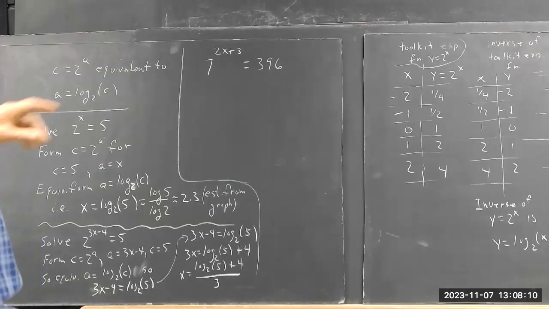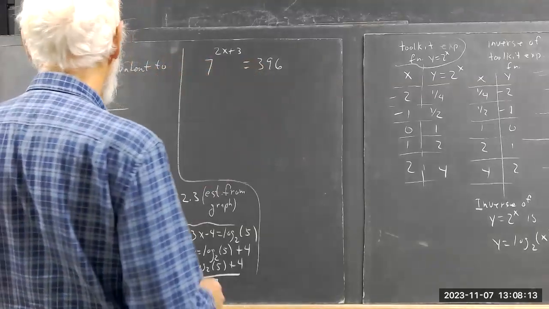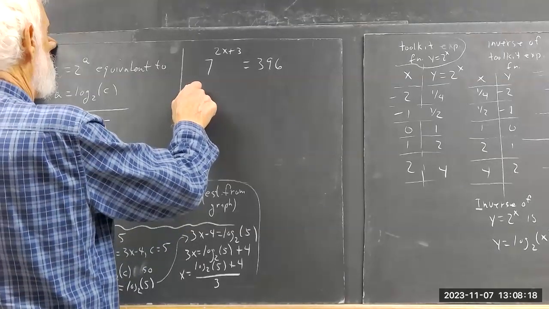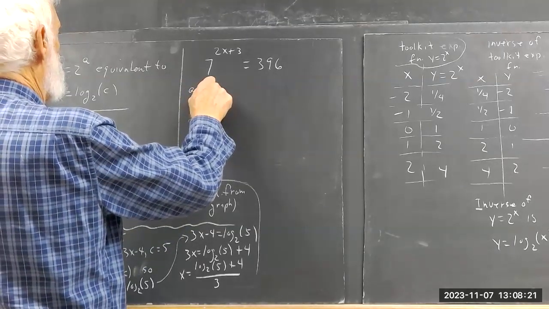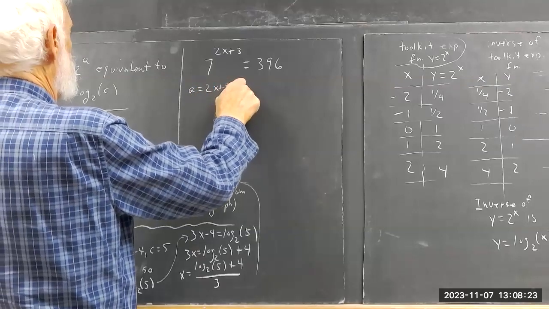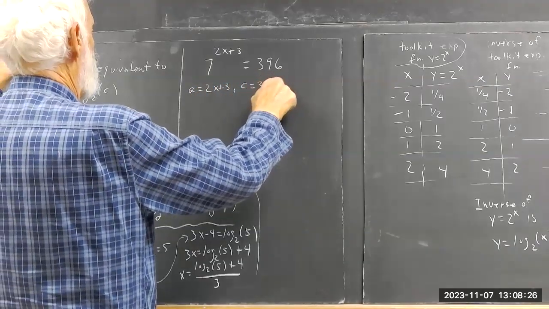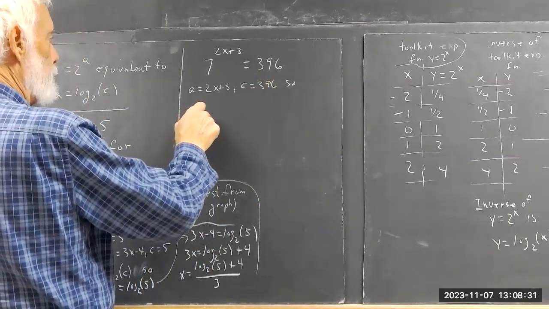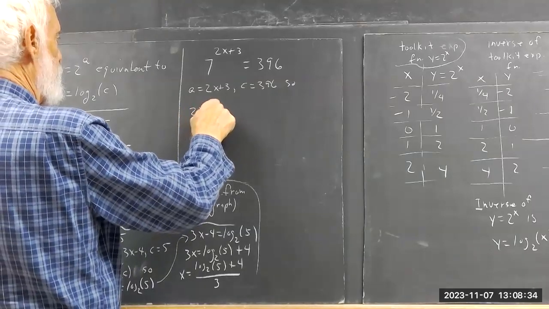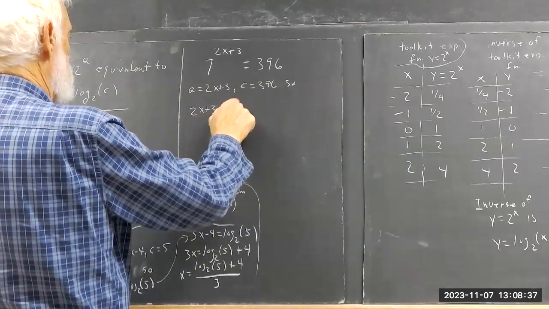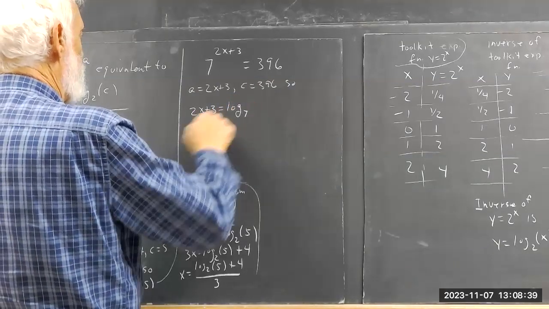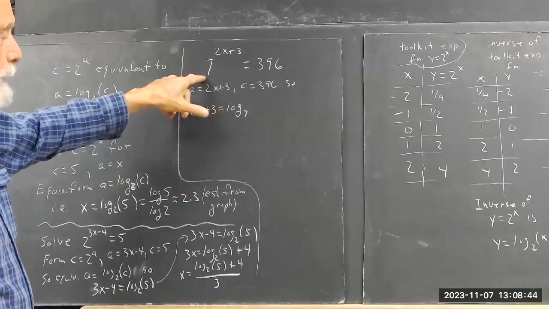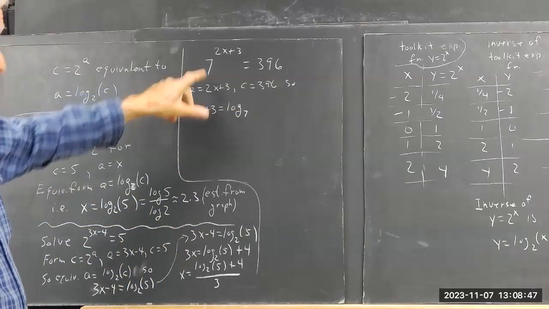One more equation. 7 to the 2x plus 3 equals 396. It's of this form, so we can translate it to this form, and instead of log base 2, it's log base 7 because the base here is 7.